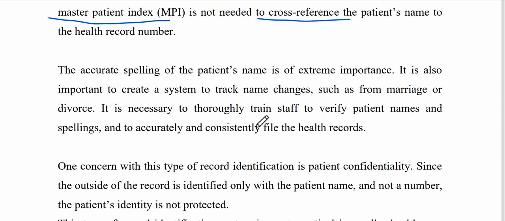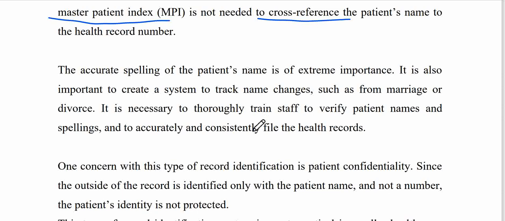It is also important to create a system to track name changes, such as from marriage or divorce. It is necessary to thoroughly train staff to verify patients' names and spellings and to accurately and consistently file the health records. So there are a few things which are very important if you are filing your medical records using the alphabetical filing system.